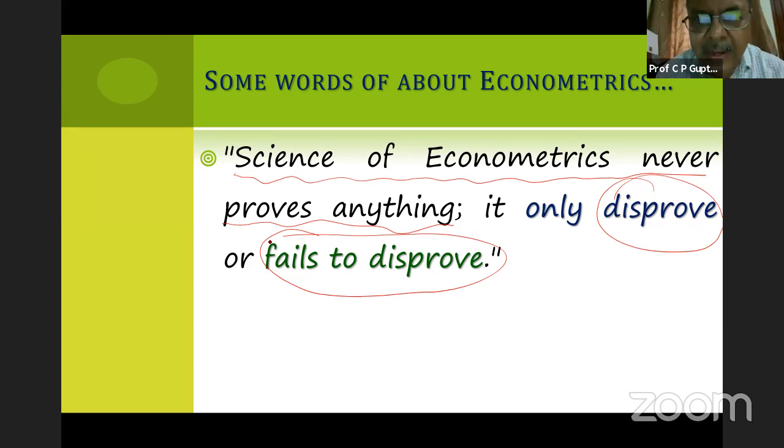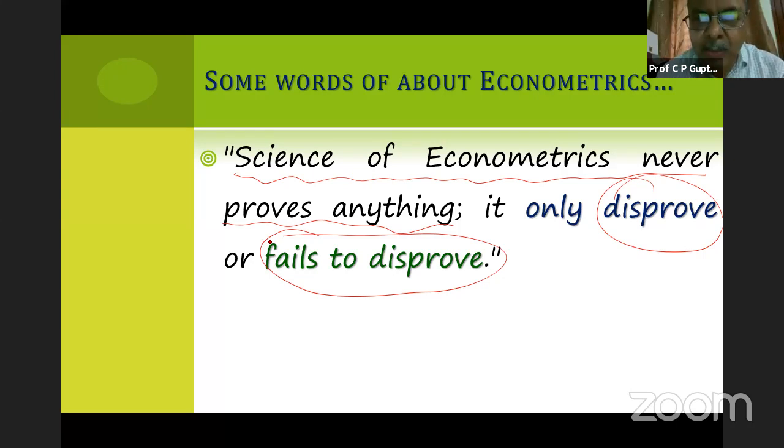Econometrics never proves anything. Either it disproves whatever hypothesis you have made in your research, or you may not be able to disprove it. But we never prove anything by making use of econometric modeling.